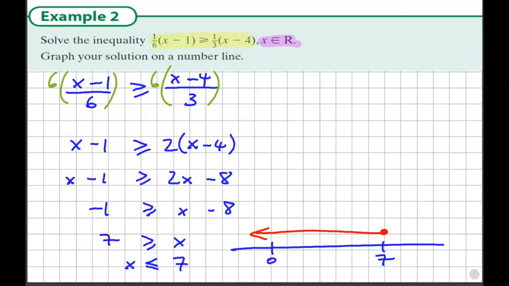Just very quickly, to go back to my point about making sure the x's are on the same side, there's one no-no you need to be very, very careful of. So let's go back to this line we had. I open up the brackets, and let's blindly bring the x's onto the left-hand side. So take away 2x, I get minus x.